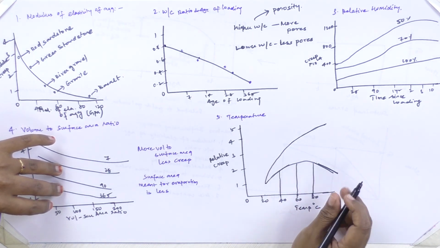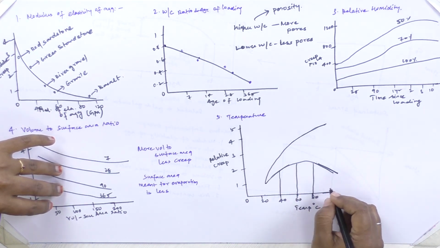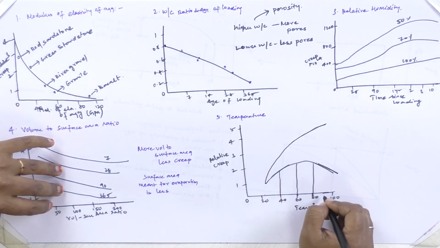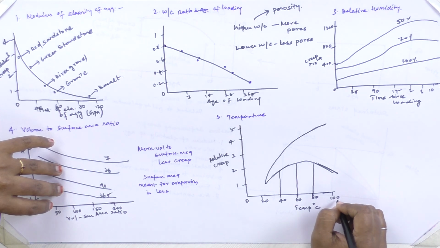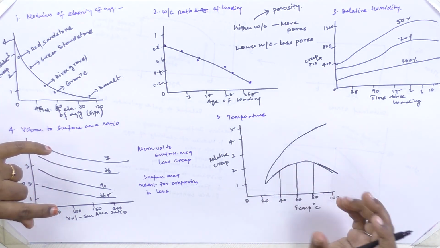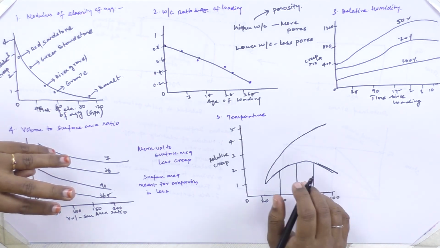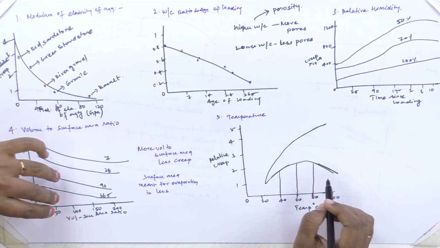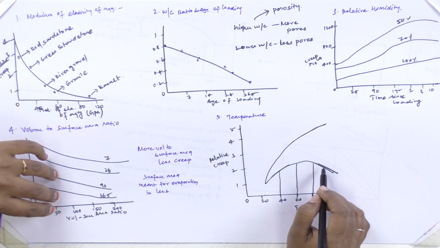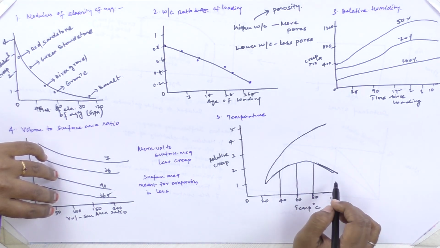This is due to the reason that all the evaporable water, since I am nearing 100 degrees Celsius, has been evaporated in the system and there will not be any further movement, and at that time I am exhibiting a lesser creep.